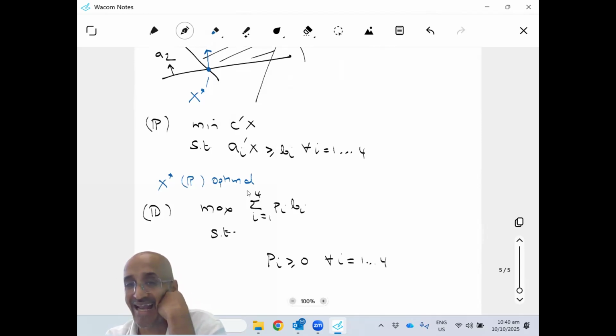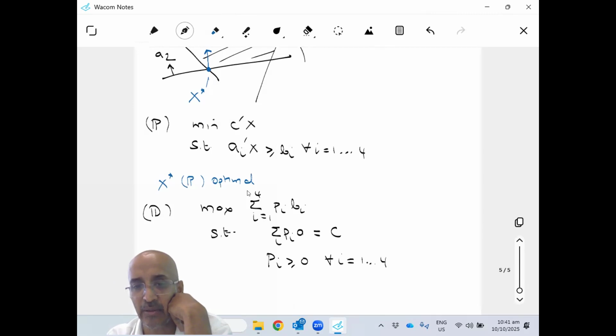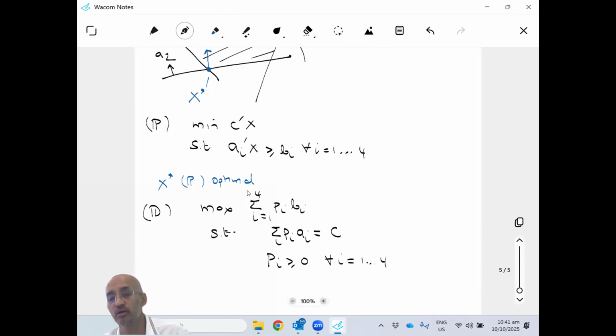And I can write the constraint: P1 times A1, compare it to C, X is free. So you will take the summation of PI AI, which has to be equal to C. This is equality because X is free. So this is the dual problem.